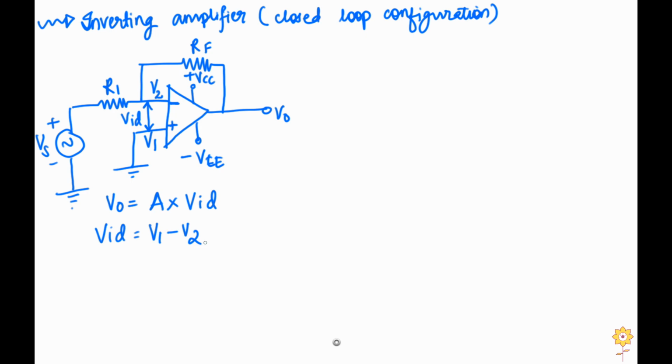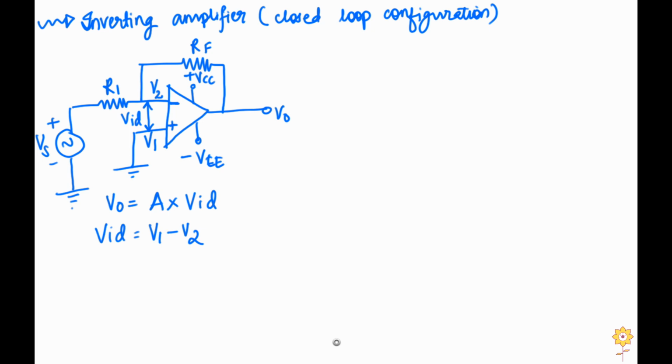Now we know that a concept called virtual ground exists in Opamp. This is because of the input resistance. The input resistance in case of an Opamp is very high. In the ideal case it is infinity, and in case we are using a practical Opamp, it is almost equal to 2 mega ohms.